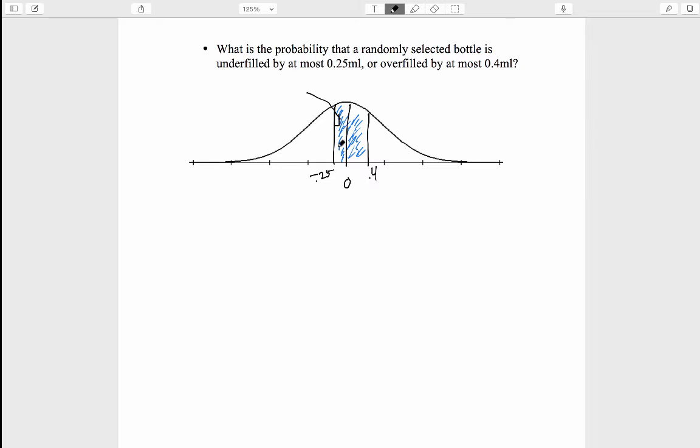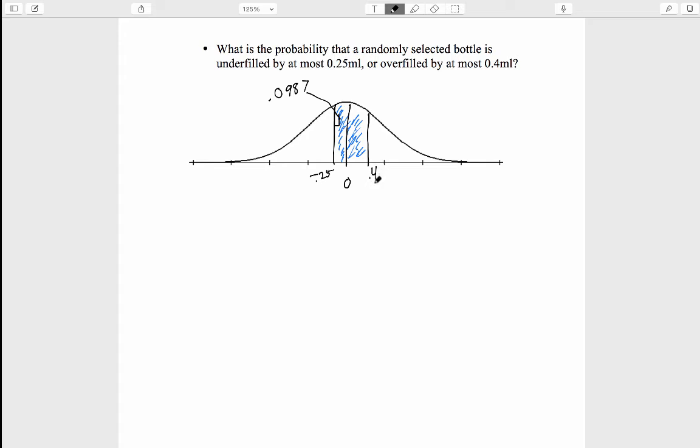Thus the region from 0 down to negative 0.25 has a probability of 0.0987. There's a 0.0987 probability that a randomly selected bottle will be underfilled by anywhere between 0 and 0.25 milliliters. We also have a region here from 0 to positive 0.4.